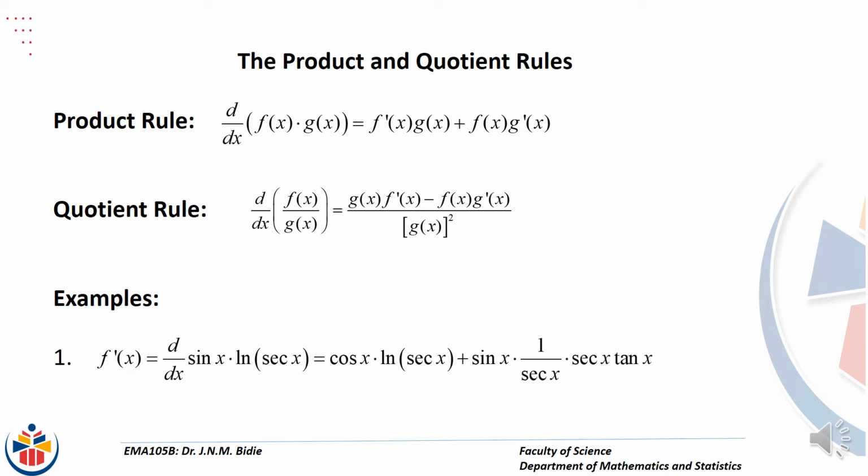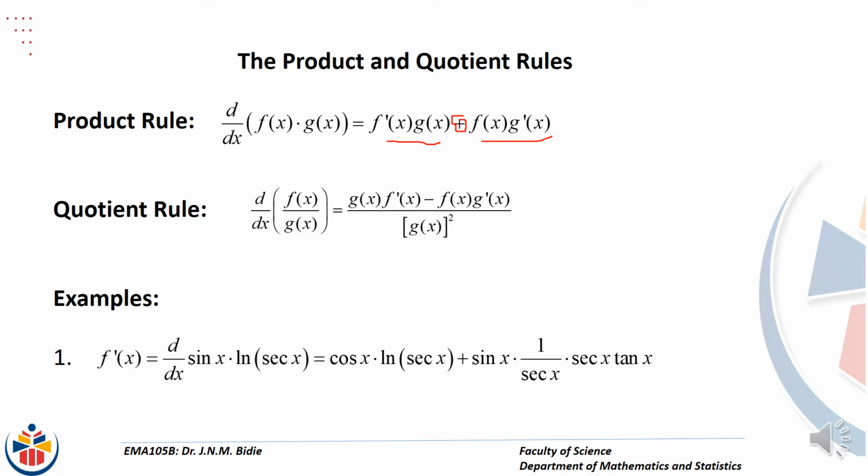So for a product, f of x, g of x, when you differentiate, you start with differentiating one function multiplied by the original of the second function plus the first function times the derivative of the second. So it's f prime of x times g of x, which is the original function, plus f of x times the derivative of the second function. Note that we're using plus between those terms.